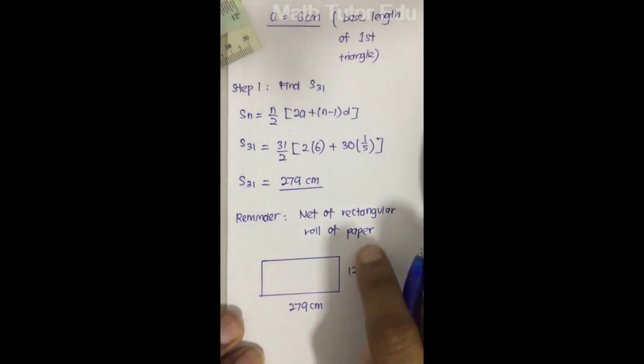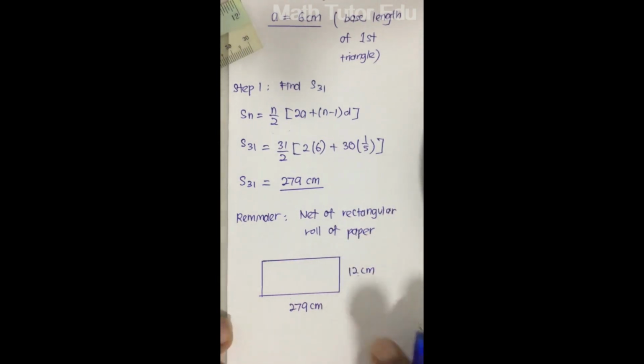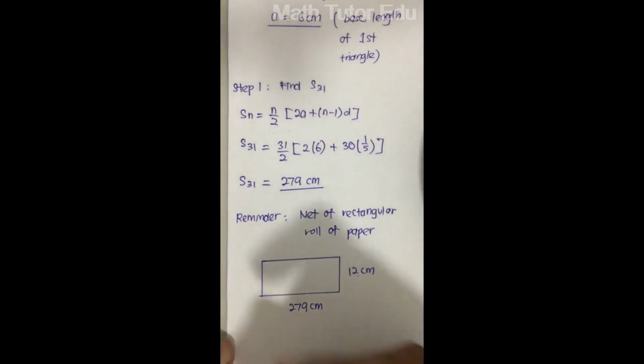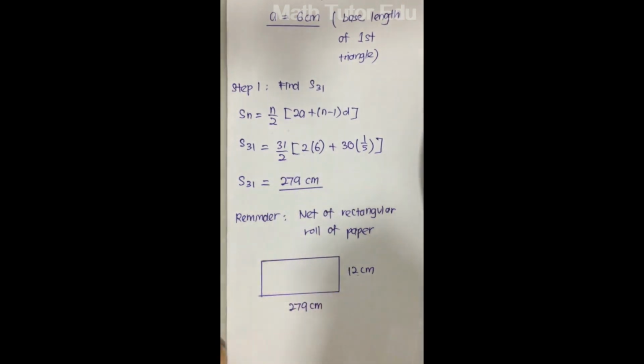So from here our next step is to calculate the total area of the rectangular roll of paper. In this case we denote it as A31, guys.